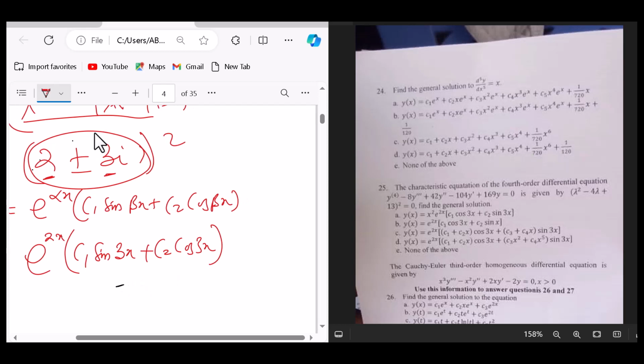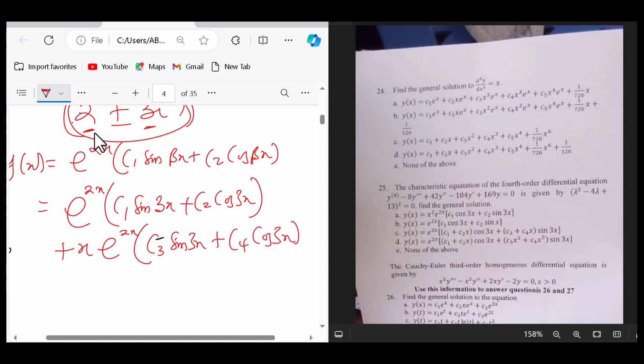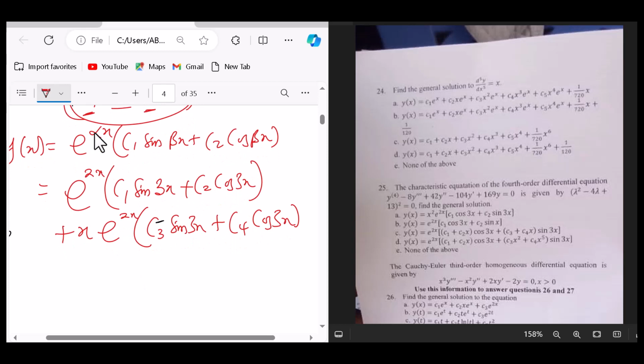Now, plus, since it is a multiplicity of 2, x e power 2x, another one, c3 sine 3x plus c4 cos 3x, like this. But here you know that we can group the terms.